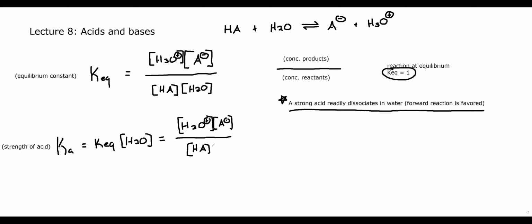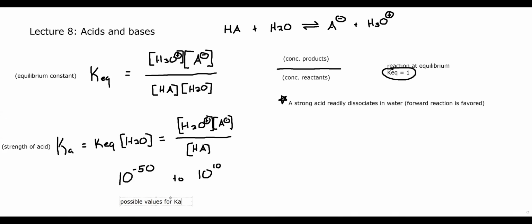So what does that mean? Well, that means we can gauge how strong an acid is by looking at the concentration of products over the concentration of starting materials. We can get numbers for Ka varying from about 10 to the negative 50 all the way up to about 10 to the 10. Okay, so these are all possible values, and we could have some outside of this range.